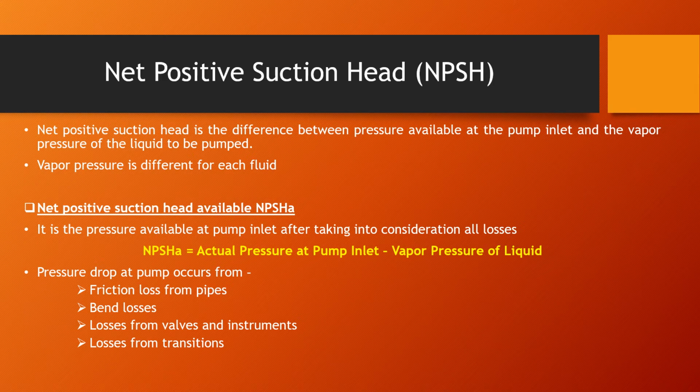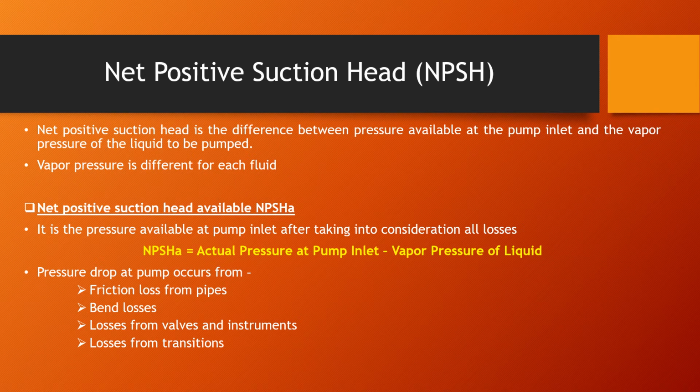So after the fluid overcomes all those losses, the pressure that you get at the inlet of the pump is what we call the net positive suction head available. So basically it's the pressure at the pump inlet minus the vapor pressure, after taking into consideration all losses.